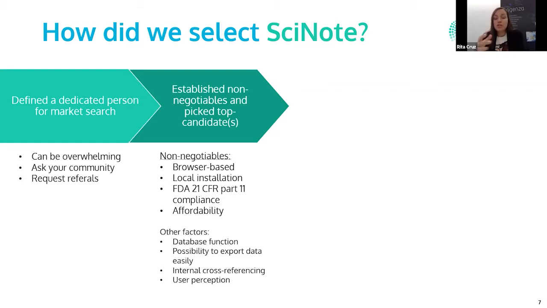Because I mentioned before, we have 3 departments that collaborate quite closely. However, they tend to have different, let's call them lab book pages. It was important to be able to internally cross-reference within the system to data from each department. So for instance, I might generate a new microbial strain in my SciNote page.